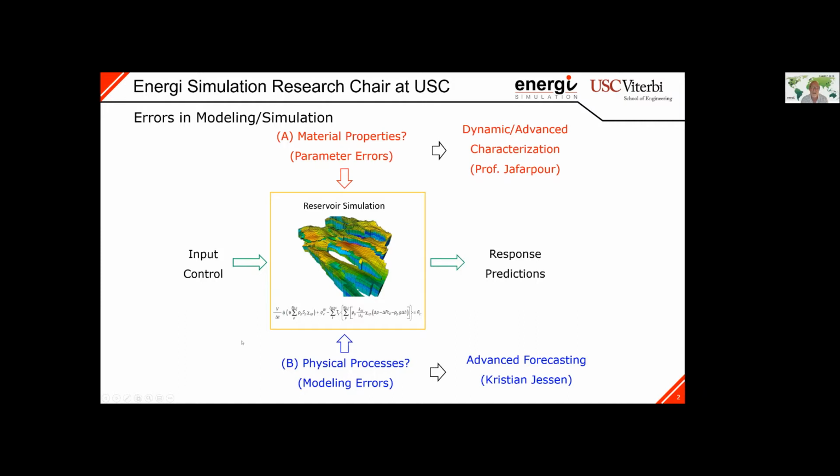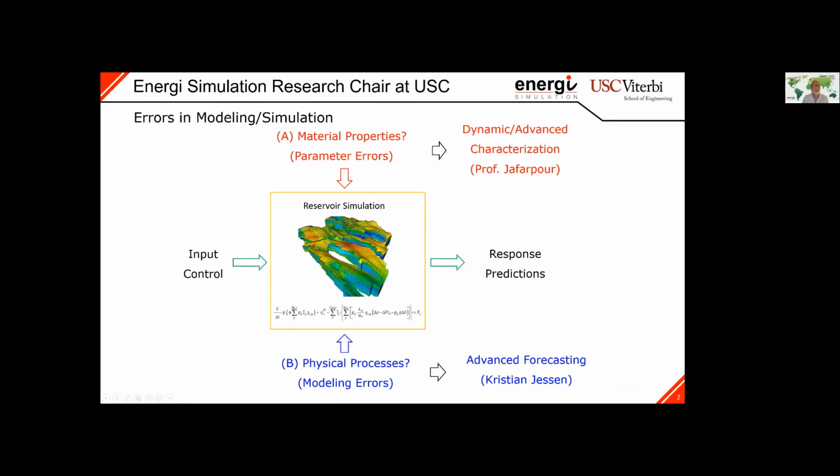On my side of the activity, I look at the physical processes and see if we represent them adequately to make good engineering decisions based on existing simulation technology. Neither of these two will stand alone, and we need to make sure that we balance the errors that we deal with when we try to predict what happens in a certain subsurface operation.